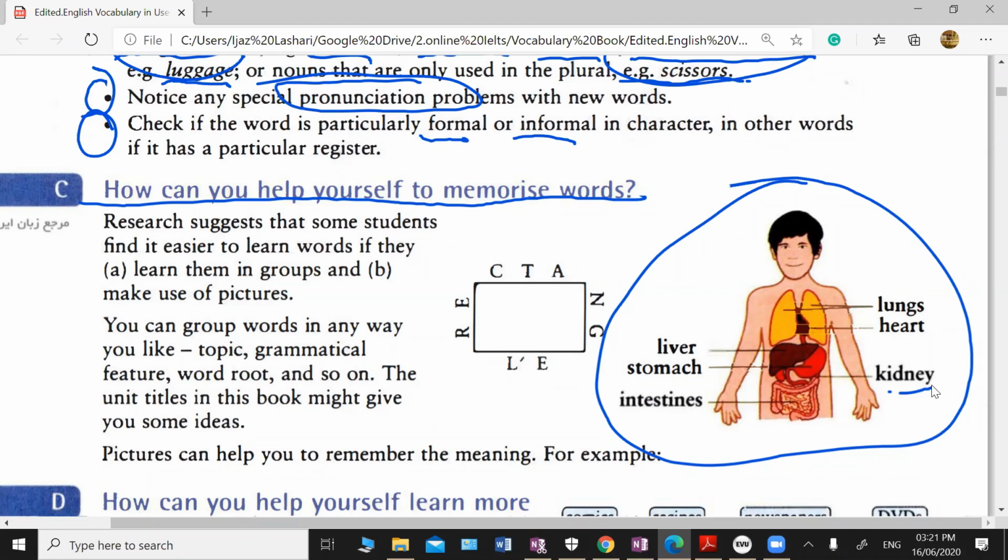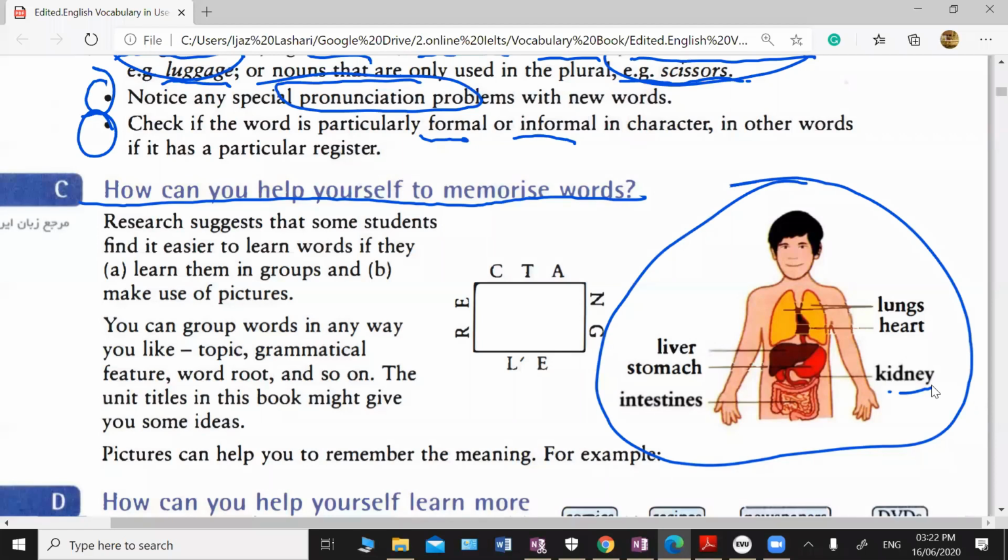And then there is the liver. It creates lots of chemicals, like a factory. If you create an image in your mind, then you will remember these words, and they will stay with you. You will never forget these words.